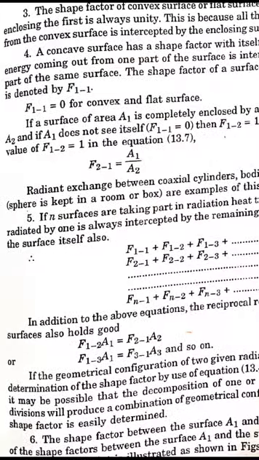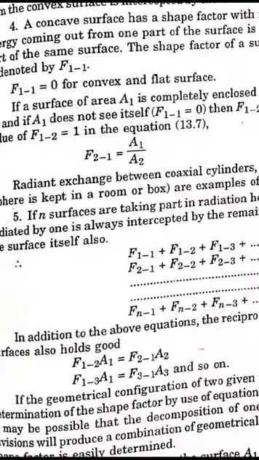Then one more thing, take two concentric cylinders of area A1 and A2. A1 is the inner area, A2 is the outer area.